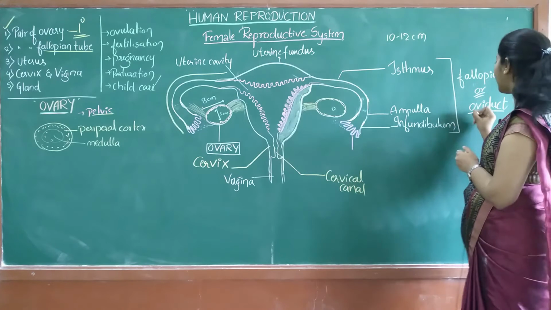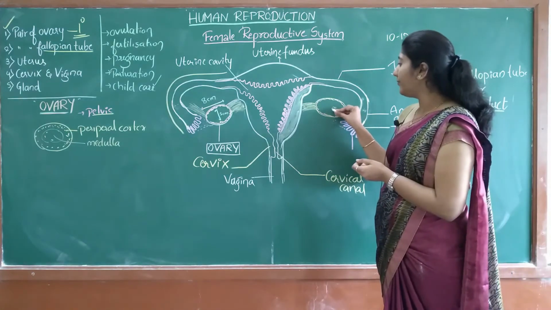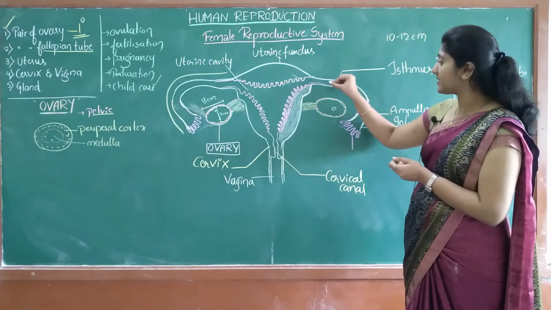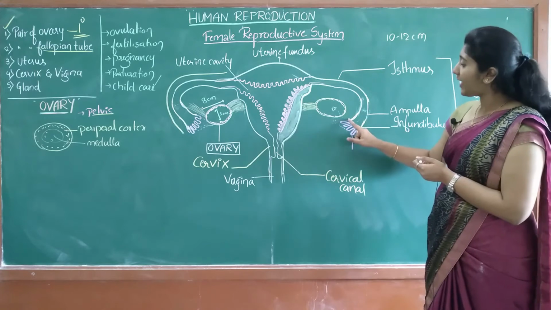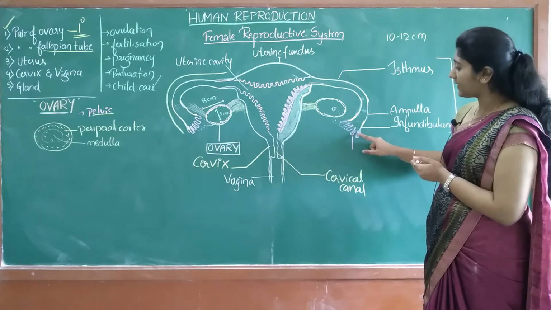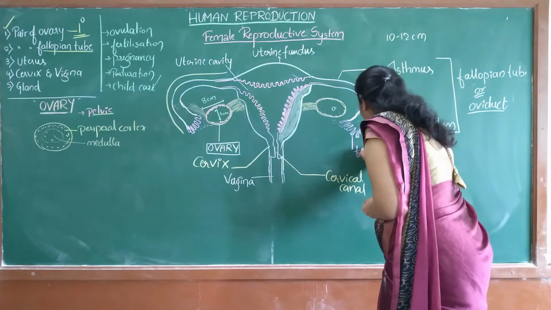That is why we call it the oviduct. So whatever ovum or egg is formed in the ovary is carried by this duct. And here I have marked some finger-like projections in this color. These are called fimbriae.